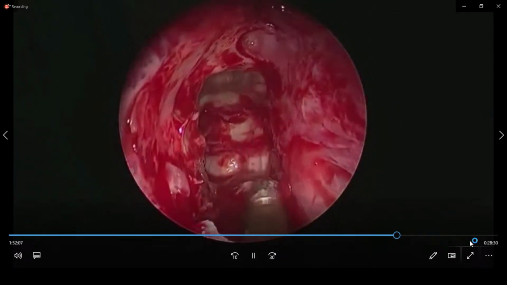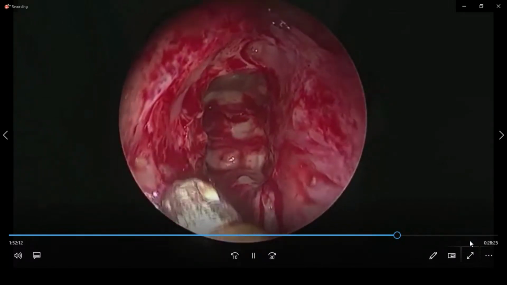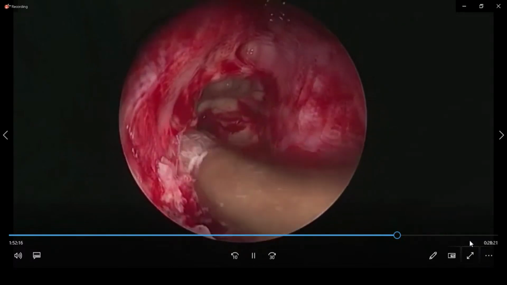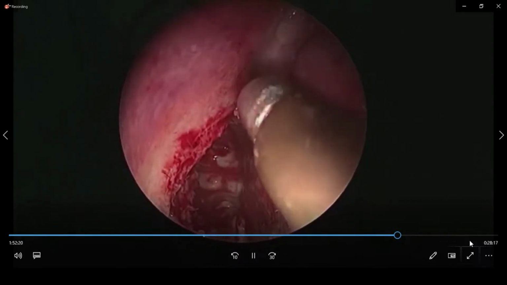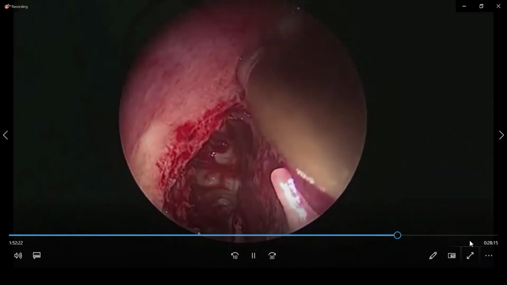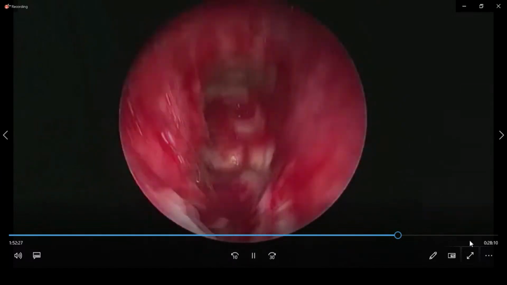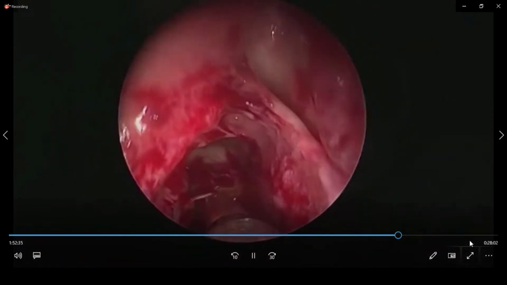Yes, sir. If there is an osteoma attached to the skull base, what is your approach in this case? Pardon? This osteoma, if it is attached to the skull base. Osteoma? Yeah, the same way. See, you have to expose all around. Sometimes it is big. You have to dismantle it by breaking it into small pieces and then finally removing the attachment.